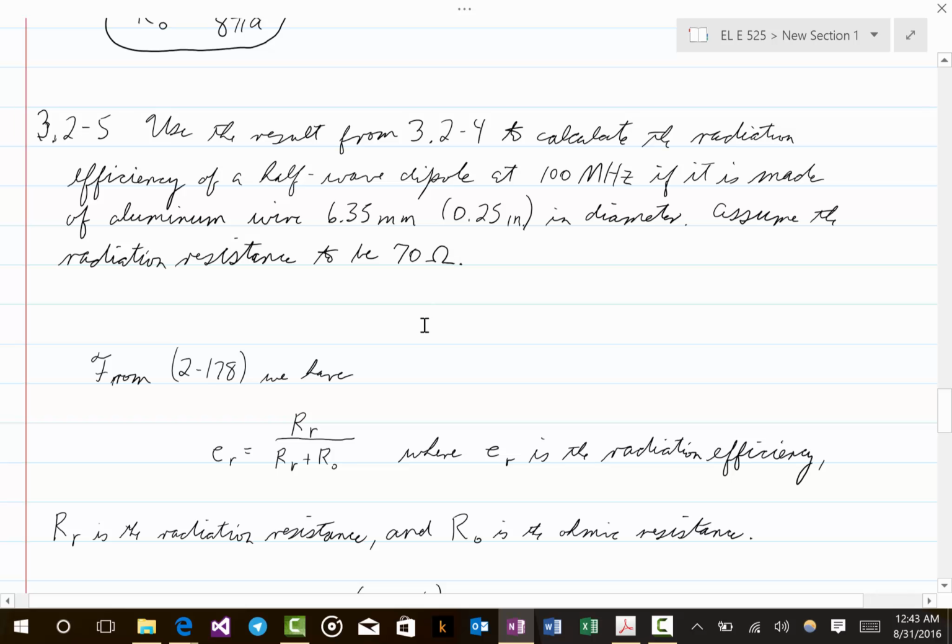Now, we're going to be doing some calculations here, and you'll notice that I will carry along the units as we proceed with this calculation. I believe that is an important thing to do, because if you carry along the units, it will help you to detect any errors that you might make.